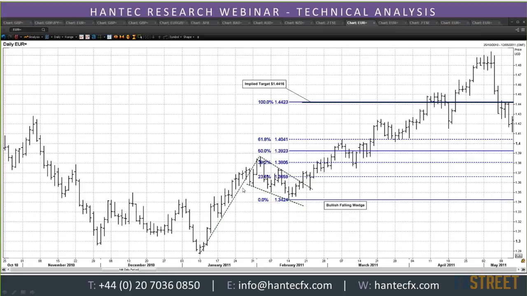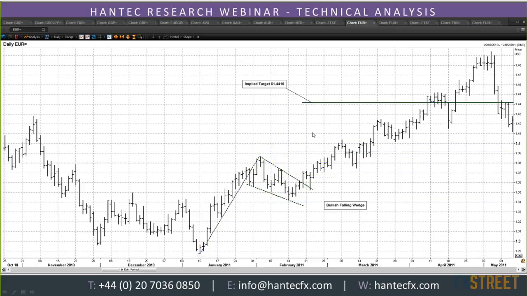That is a similar concept to your 100% Fibonacci projections that we did a few weeks ago. And again, I do like flags and wedges. I think they work very well on, as I said, near-term charts.